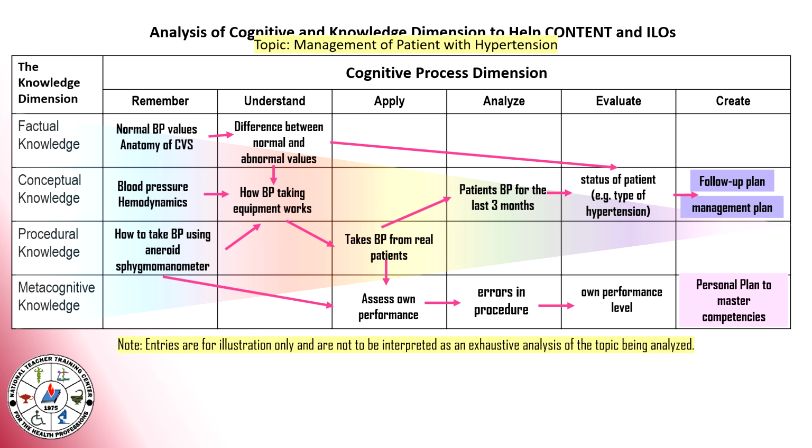You develop your own performance level assessment and prepare a personal plan to master competencies. Probably the student will ask a classmate to act as patient, and they perform together, evaluate their performance, they go role playing and that sort of thing. These are all metacognitive in nature. So role playing in a way is not only a strategy for learning procedures, but also a strategy to master and appreciate own performance level, and hopefully be able to develop personal plans for improvement.